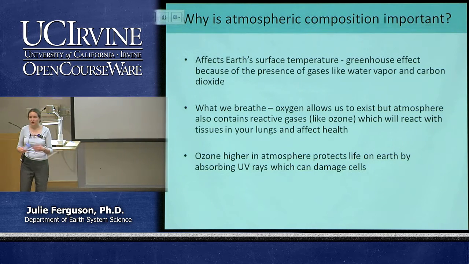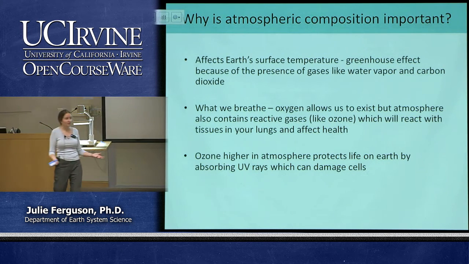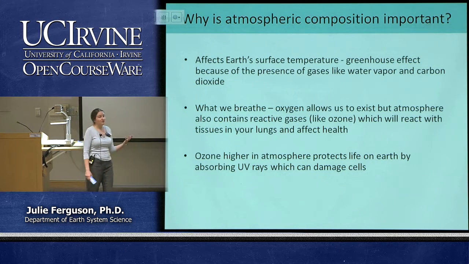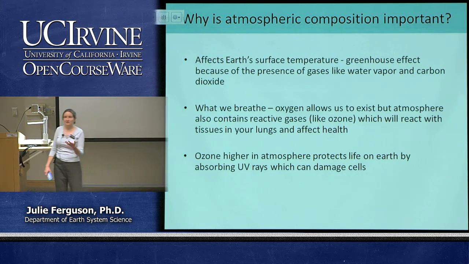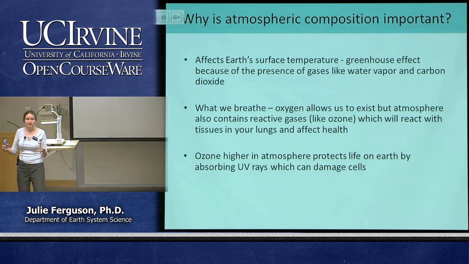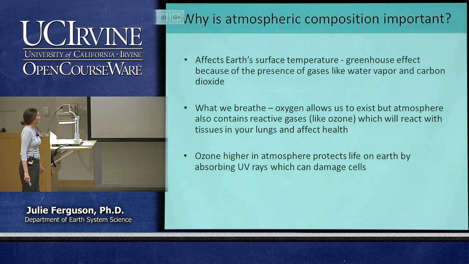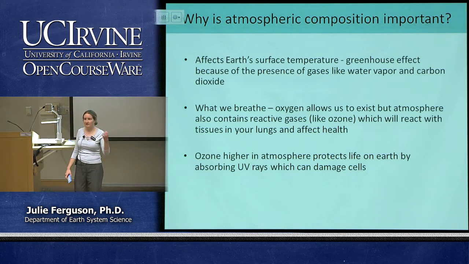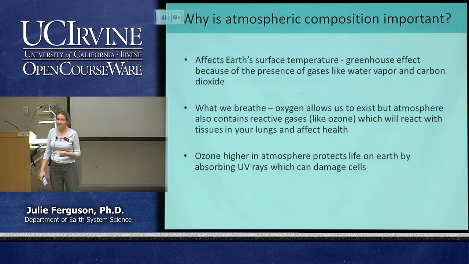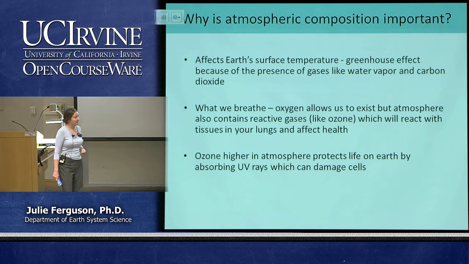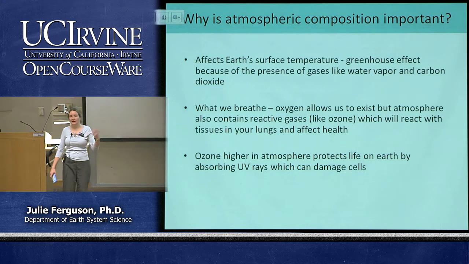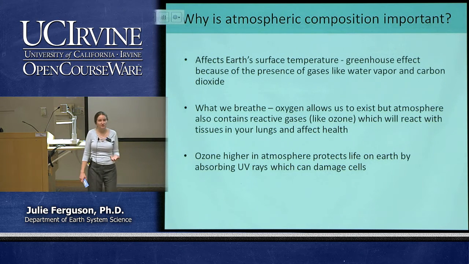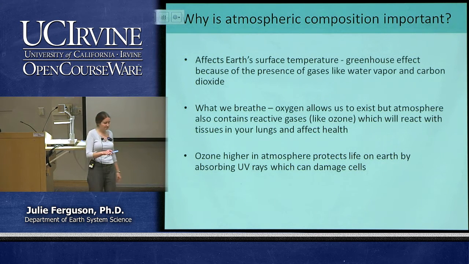But also, the composition of the atmosphere affects what weathering processes happen. It's what we breathe. It affects what type of biological activity you can have on Earth. It has ozone, which helps by stopping that ultraviolet light coming through and damaging our cells. So these are just a handful of the reasons why atmospheric composition is important to us.